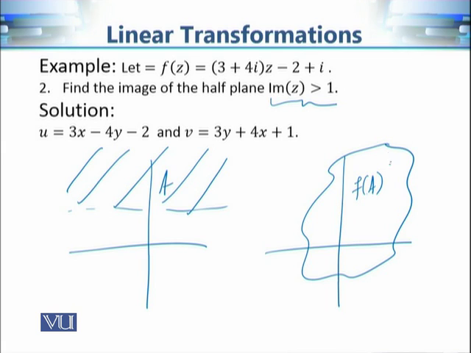What do we know about it? If there is some element (u, v) here, and we calculate the inverse image, then the imaginary part of that f inverse of z should be strictly greater than 1.